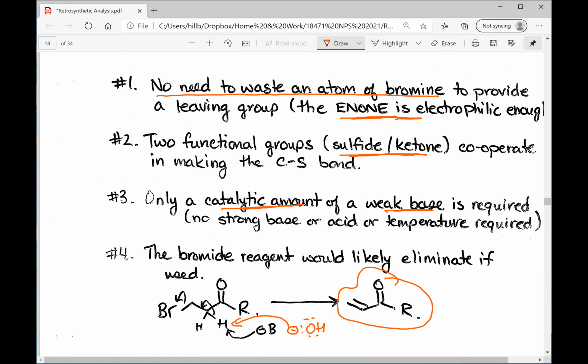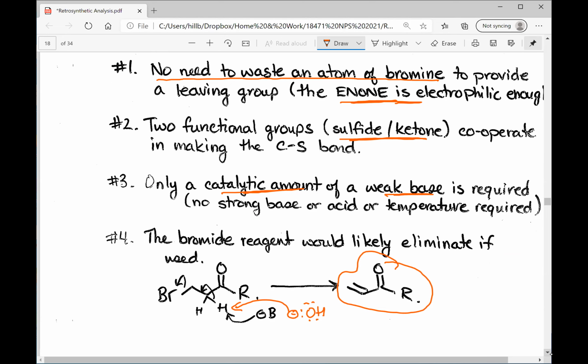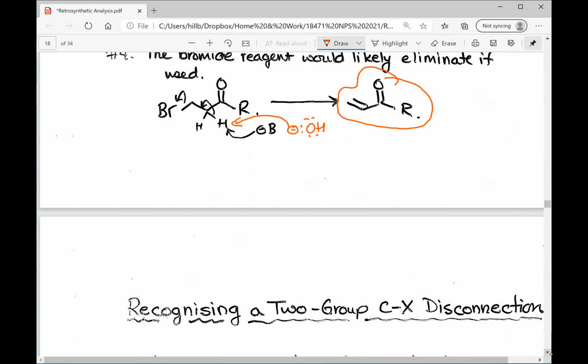Now the problem is, what is a two-group disconnection, and being able to visualize these. So the next part of this is just trying to figure out where these exist, because they aren't quite evident just looking at things. So one of the rules is that on a carbonyl, this carbon's called the alpha carbon, the one right next door to it, and this one's the beta carbon.